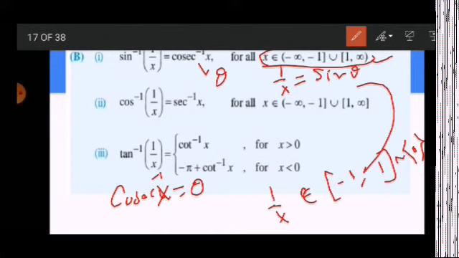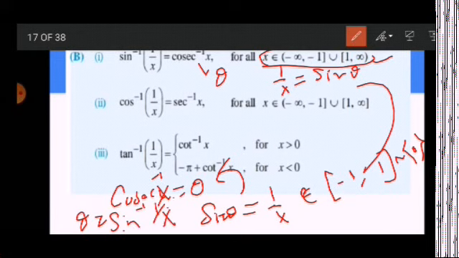So 1 by x is sine theta, and cosec inverse x equals theta. For that theta, sine theta is 1 by x, and hence theta becomes sine inverse 1 by x.